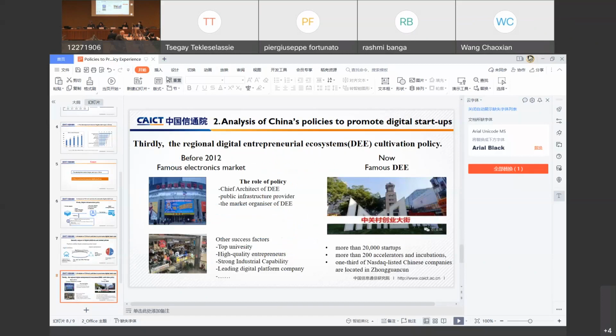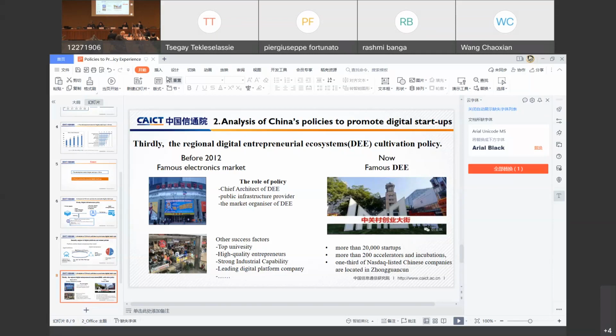The third is renewed digital entrepreneurial ecosystems policy. The most active places for digital entrepreneurship in China are distributed in 3 major regions. That is Beijing, Tianjin, Hebei region, the Yangtze River Delta region, and the Pearl River Delta region.